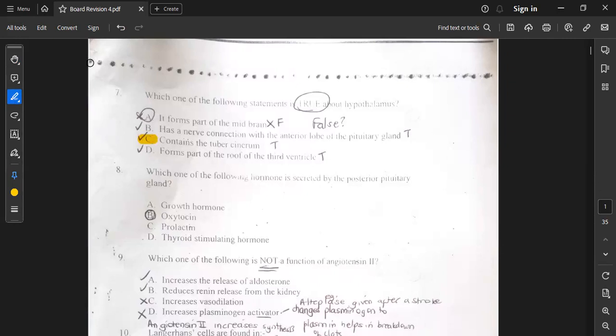And on choice D, it forms the lateral wall of the third ventricle, not the roof, the lateral wall.